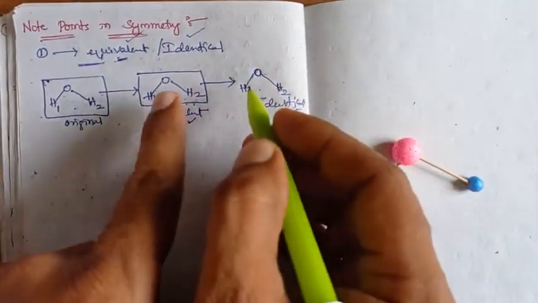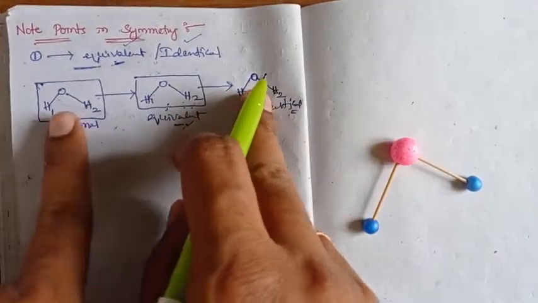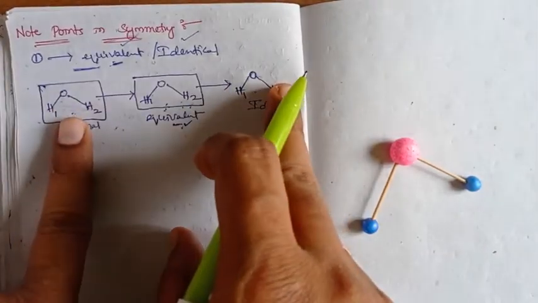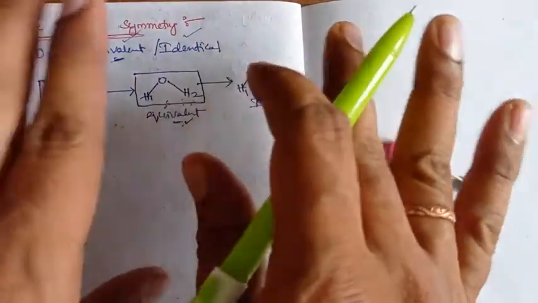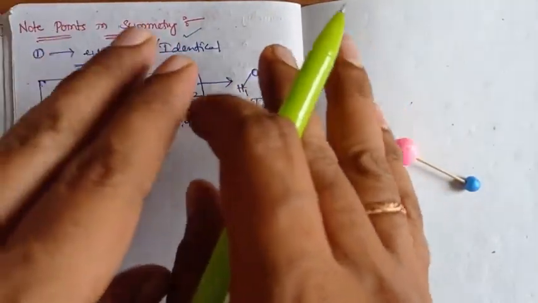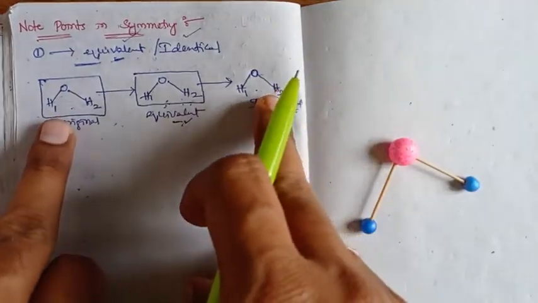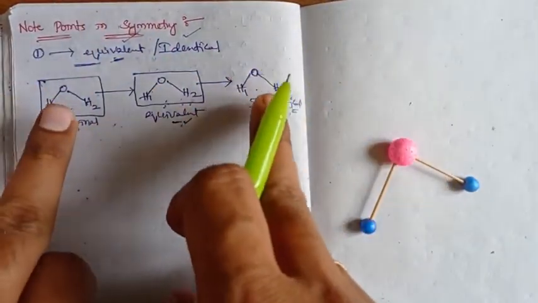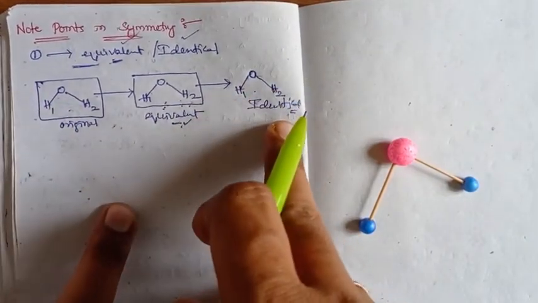So not only is the atom position the same, the phases of the atoms are also the same as in the original configuration. So it is a 100% equal configuration. Neither the atom positions nor the phases of the atoms differentiate the two configurations. Altogether, this generated configuration becomes identical.